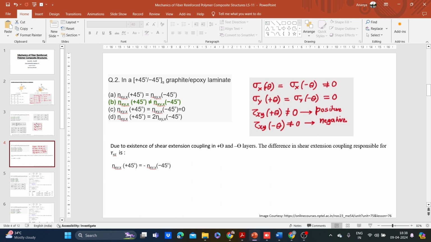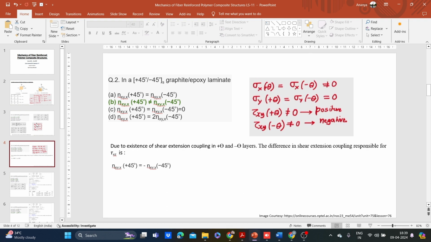Yes, so the definition of Poisson's ratio is the transverse strain divided by the longitudinal strain. Imagine you have a laminate with the fibers aligned at 45 degrees. If you put a transverse force on that, and now the same thing if it is minus 45, what will happen? Only the alignment will shift to the other side.